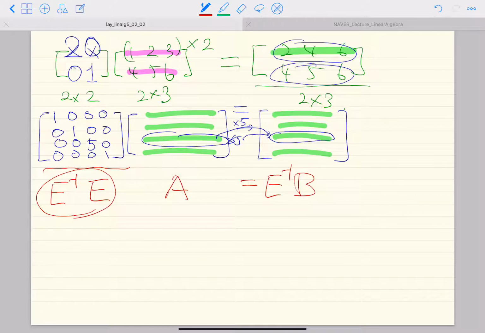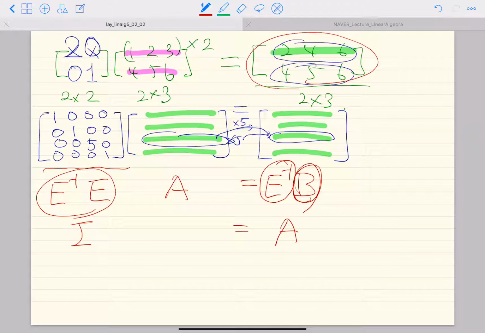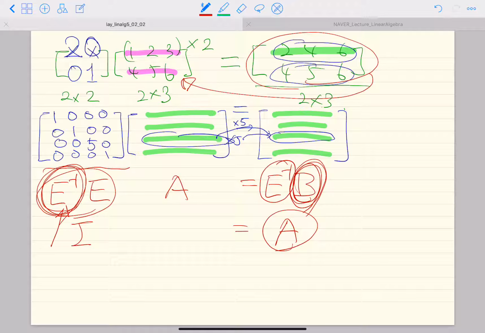Of course E inverse times E is the identity matrix by the definition of an inverse, and thus this will be A. So multiplying by E inverse, if it exists, should revert B back to the original matrix A. Intuitively, can we think of such a matrix that can be multiplied here to revert B into the original matrix A?